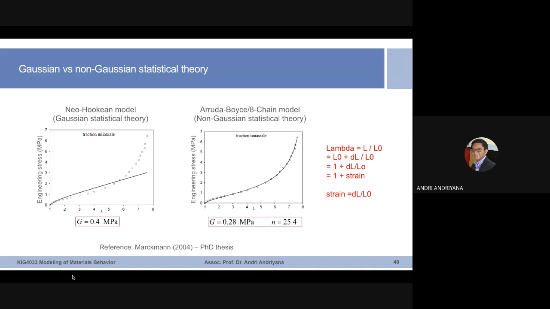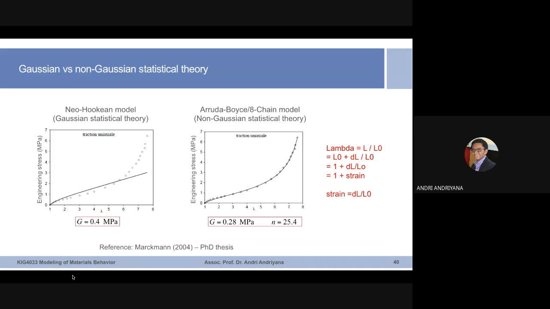From the shape, we use Boltzmann's equation to relate the conformations to the entropy, and then from that we evaluate how the entropy of one single polymeric chain will change with deformations, and then how we sum up the contributions of individual chains to the whole network to get the change of entropy of the network with deformations. And then from that, we get the expressions of free energy or strain energy.